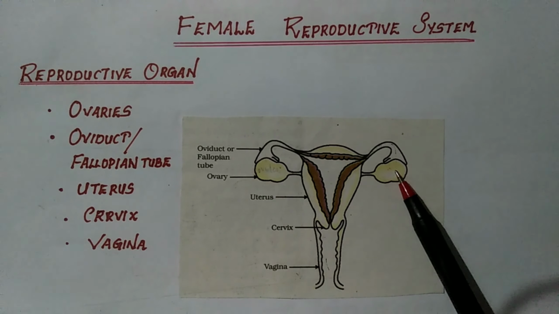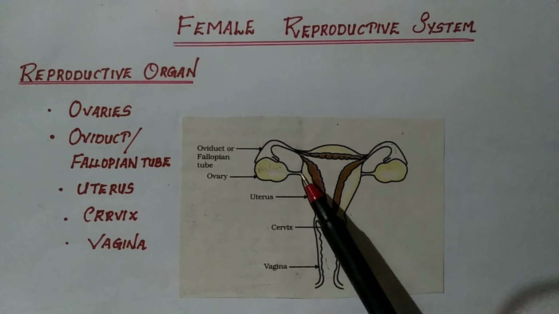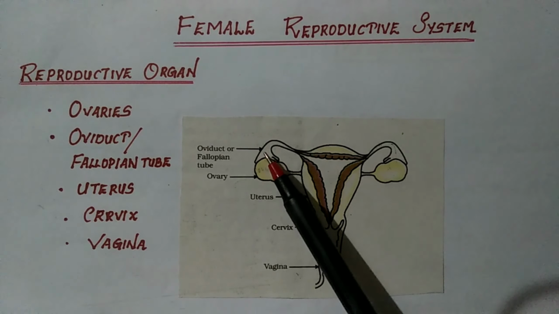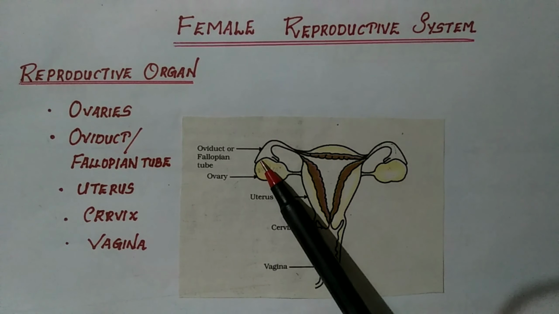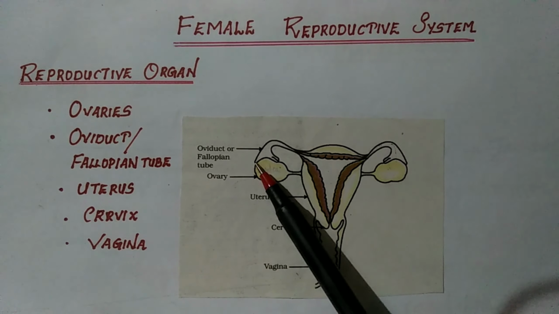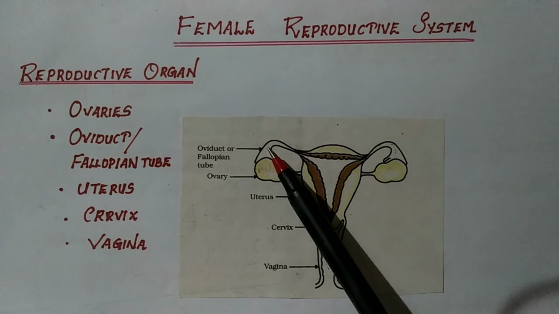After the ovary, we can go through the fallopian tube. You can see here, this is the fallopian tube, otherwise known as the oviduct. These are a pair of long convoluted tubes that carry the matured ovum or egg from the ovary, and it will move through here. It is a funnel shaped structure, and it will move from the ovary along the path.